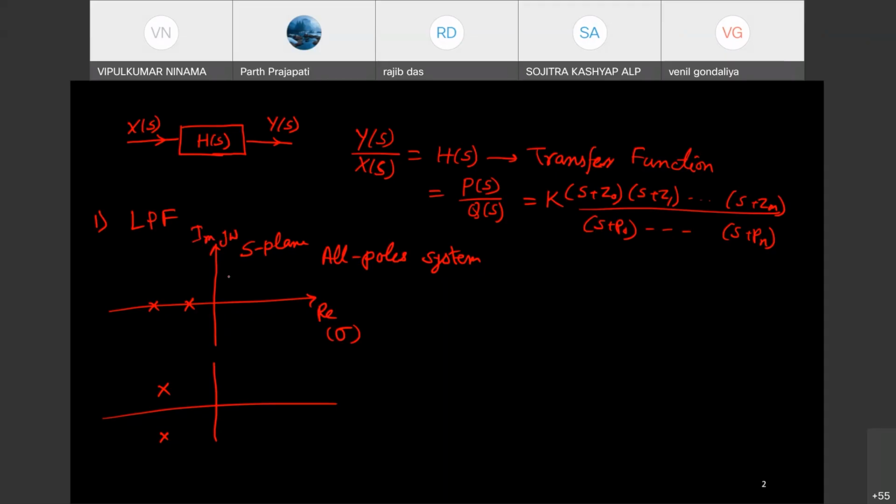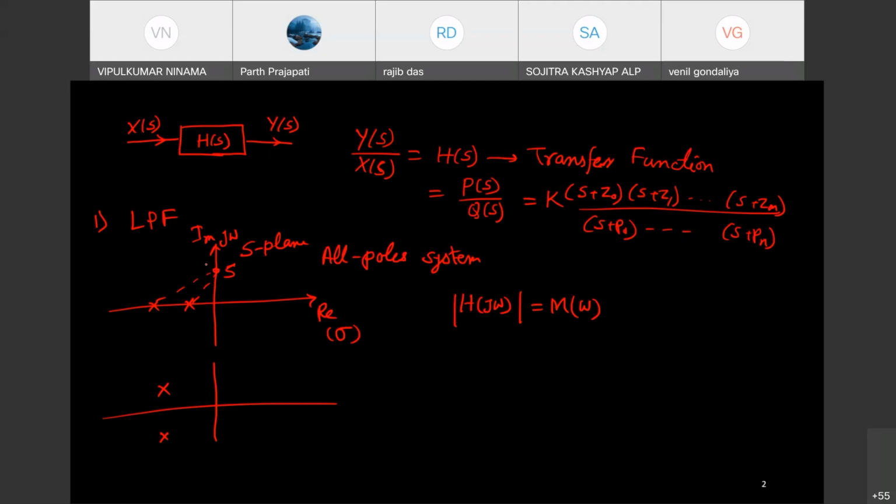To compute the magnitude of H of j omega, you should understand that this magnitude is a function of omega. I consider a point s here, then connect these points and then find the magnitudes.